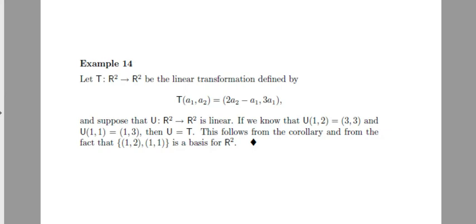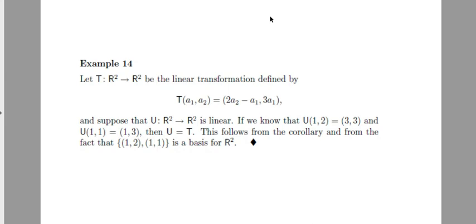You can see that T(1, 2) will come out to be (3, 3) and T(1, 1) will come out to be (1, 3). The dimension of R² is 2, and (1, 1) and (1, 2) are linearly independent, so this set forms a basis for R². Since both these transformations U and T act the same for these two elements of the basis, these two mappings are equal, U and T are equal.